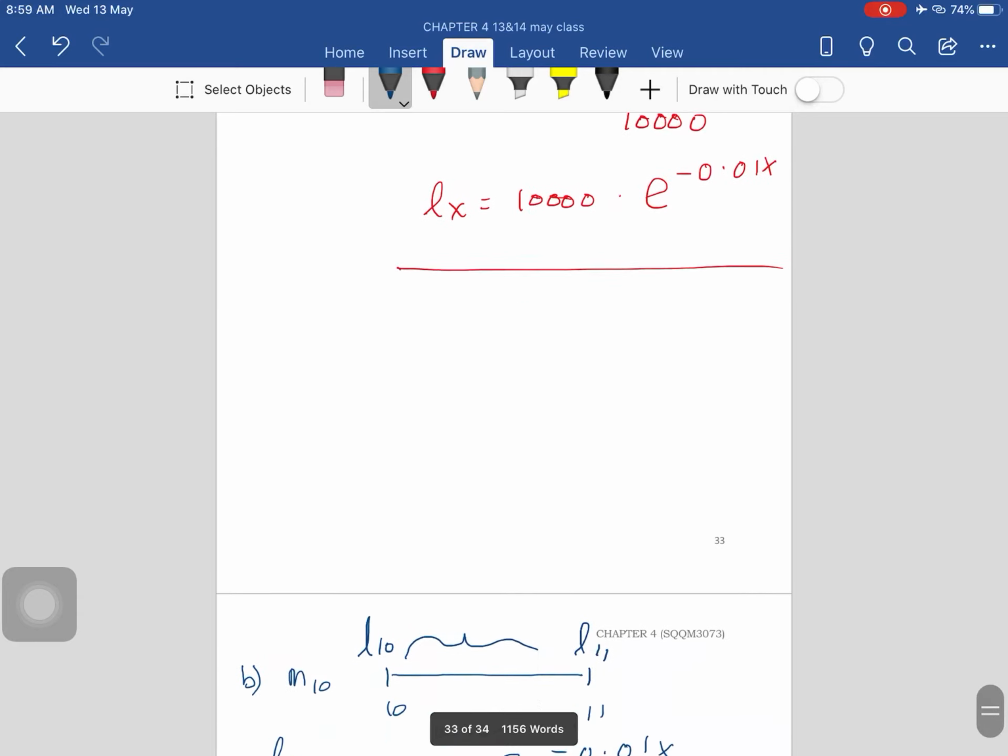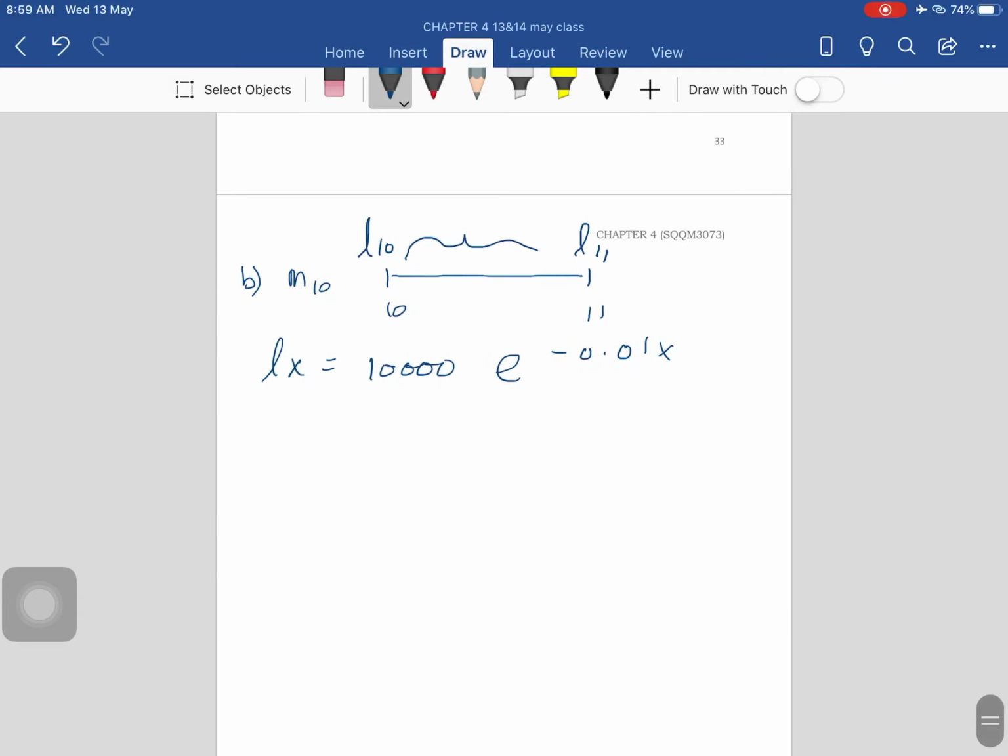Refer to the previous page, I already showed it to you. So we just have to find L10. We substitute 10 into this formula, as we got from A.